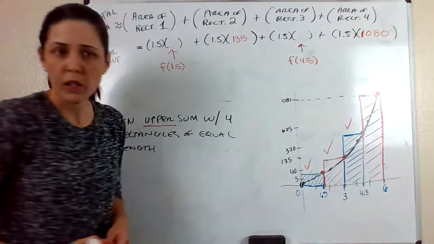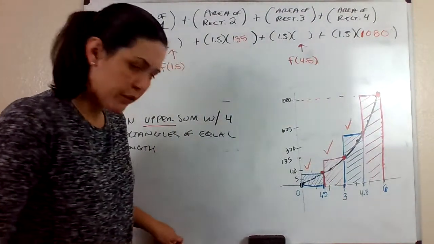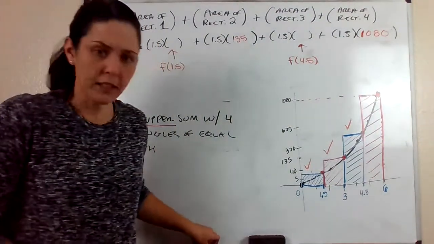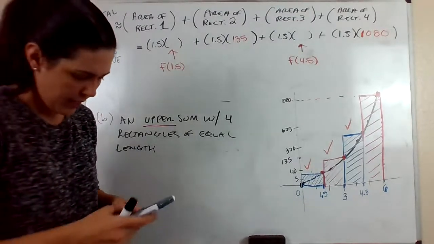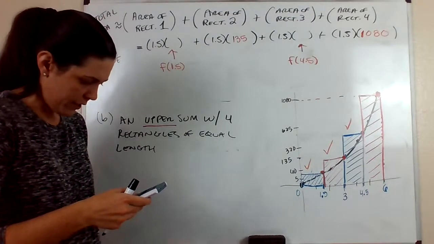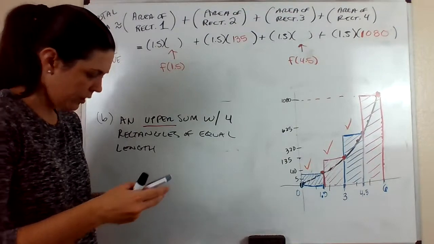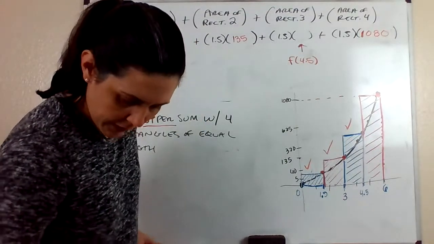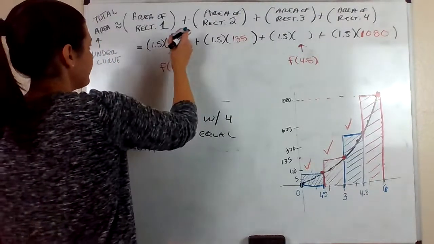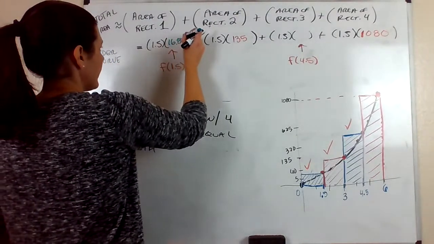So half of our work is already done. We just have to compute the other half. And I believe we already did this. So let's see if I can remember what our numbers were. When x was 1.5, let me go back in my calculator. This height was 16.875.